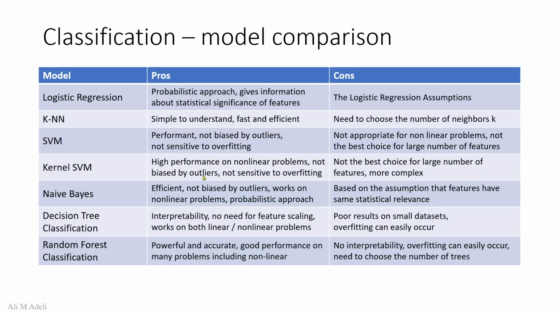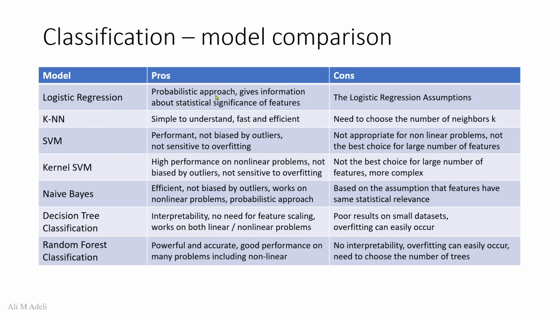So this was an overview of some classification models. And here, just to sum them up, we talked about logistic regression, k-nearest neighbors, SVM and kernel SVM, naive Bayes, decision tree, and random forest classifiers. So here's a list of pros and cons. Logistic regression, again, you remember it was a probabilistic approach.